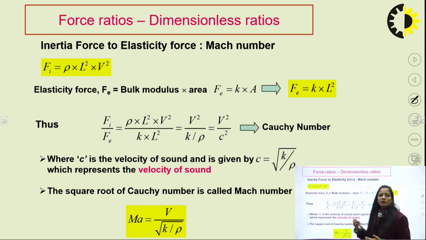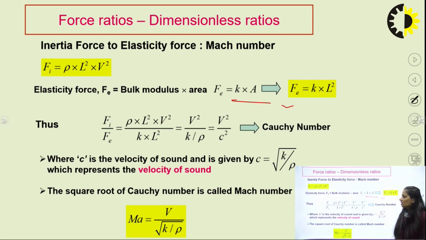The formula for elasticity force is bulk modulus of the particular fluid multiplied by area. So bulk modulus you can write as K multiplied by area. Area will be your L square. So here you can write elasticity force Fe as K L square.